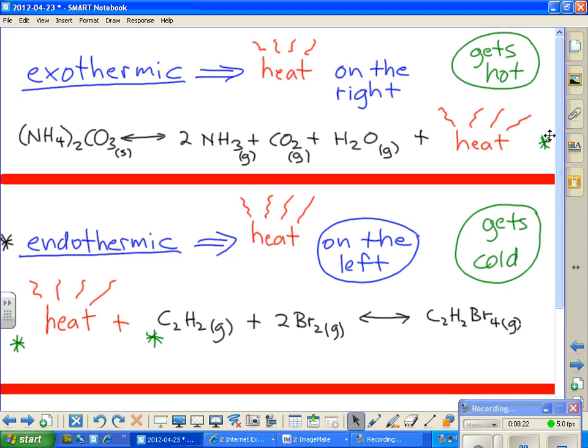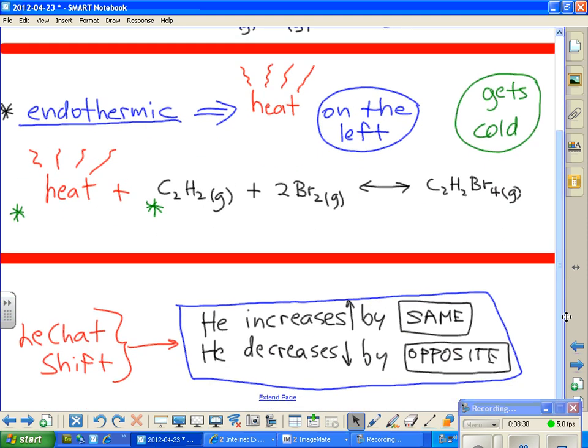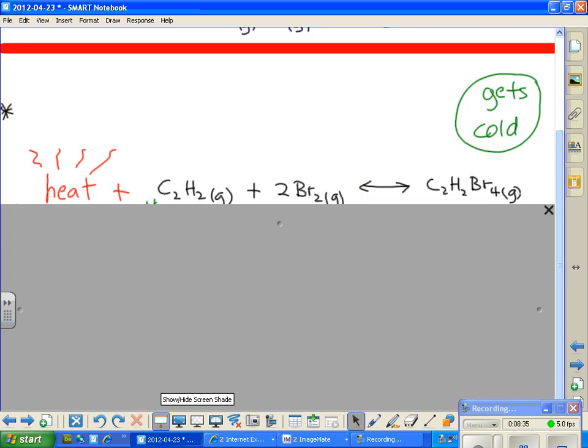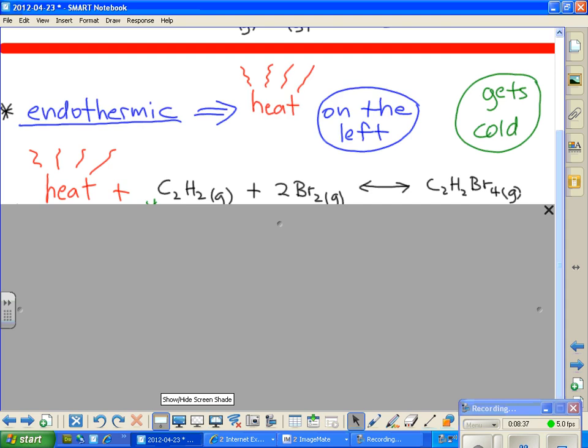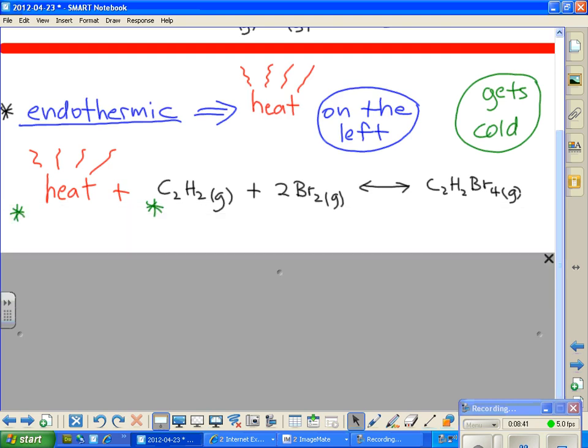So, as we add heat to the endothermic reaction, let's see if we can get this down here so you can see something, and cover this up so it doesn't get in the way. Oops. Control Z. Put that back where it was. Sometimes we drag things that are behind the shade. Okay, so heat now on the endothermic reaction is being treated as a reactant.